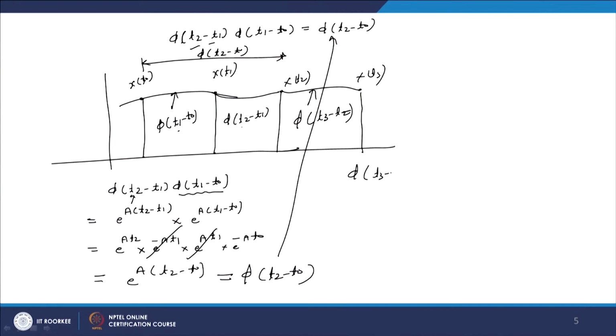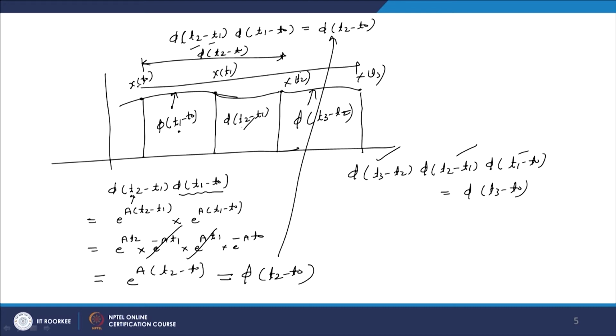Phi of t3 minus t2, phi of t2 minus t1, phi of t1 minus t0 is equal to phi of t3 minus t0. This is a complete chain involving phi of t3 minus t0.